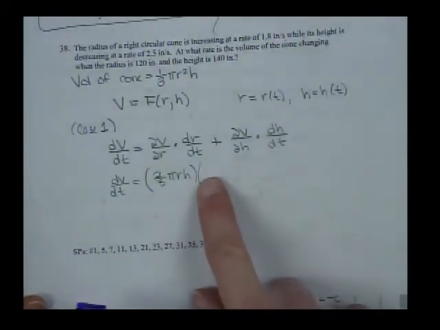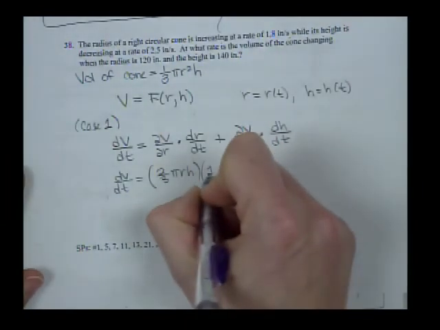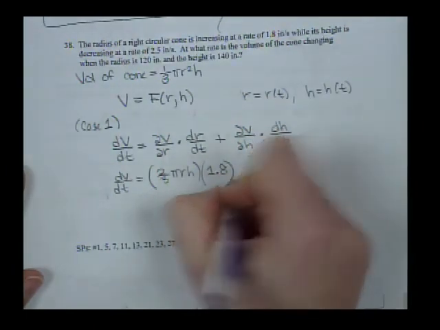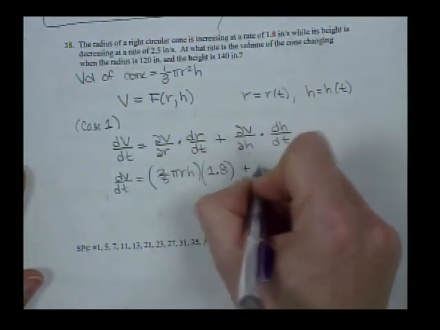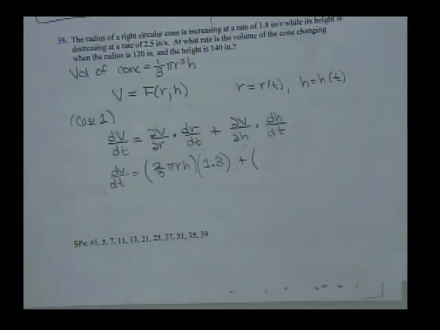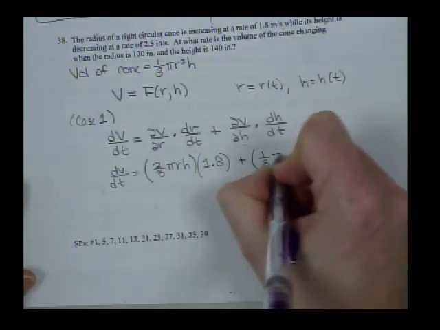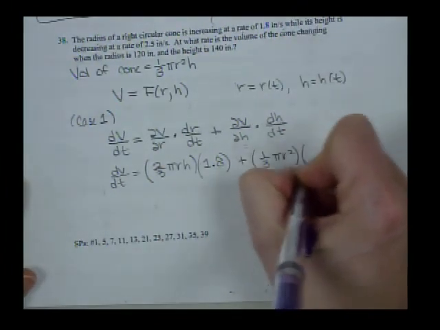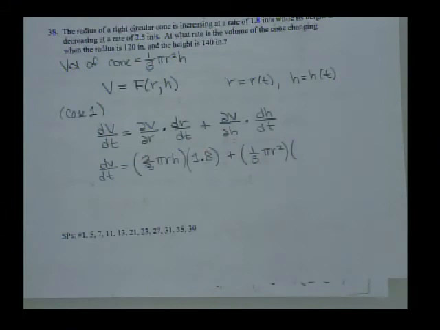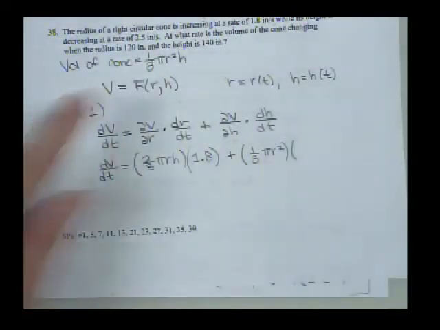So what am I going to put here then? 1.8, right? And then the partial of V with respect to h, 1/3 pi r squared. And then what am I going to put in place of dh/dt? Negative 2.5, since it's decreasing.